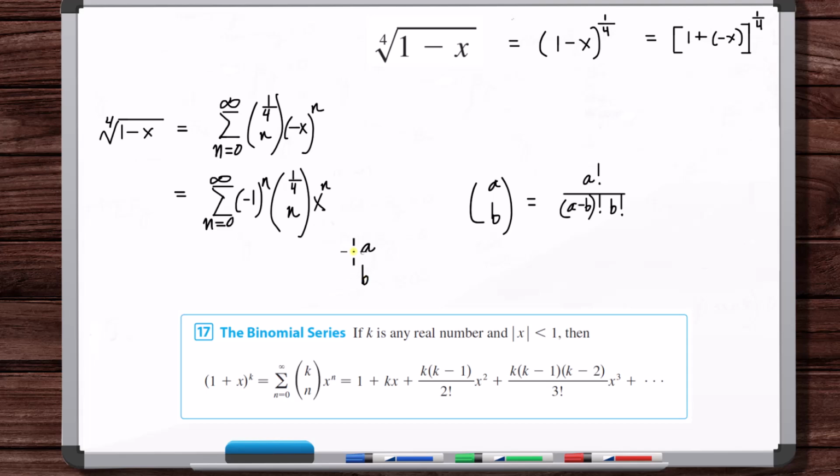We can rewrite a factorial as a times a minus 1 times a minus 2, all the way to a minus b plus 1, right before b.